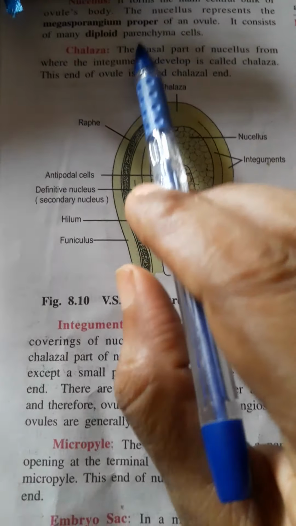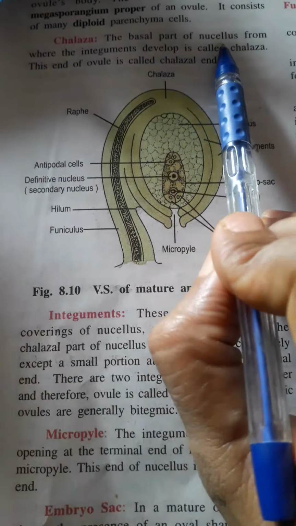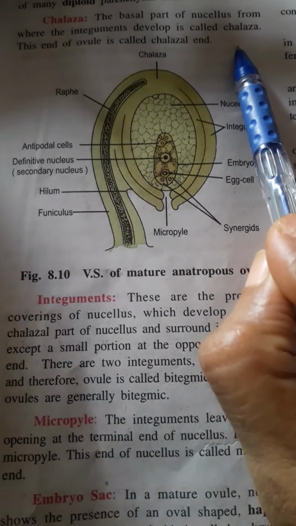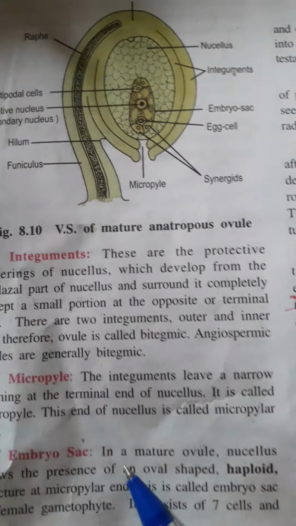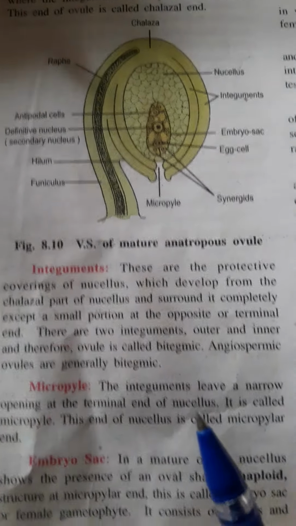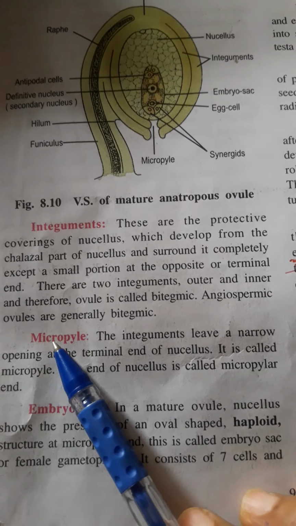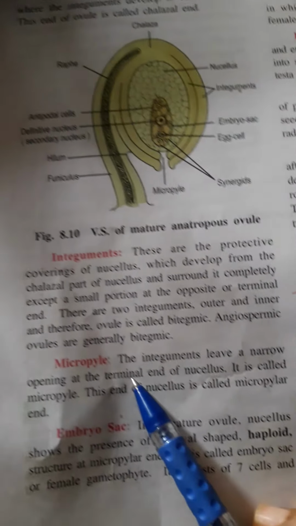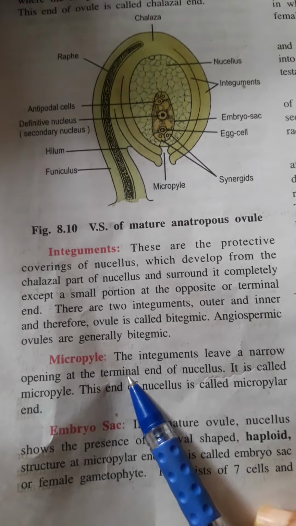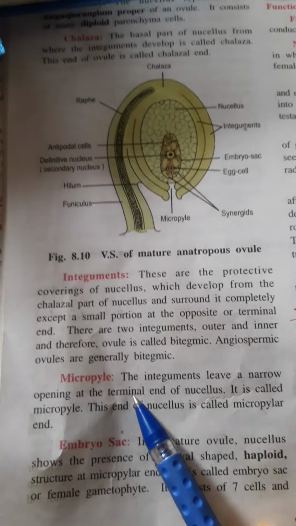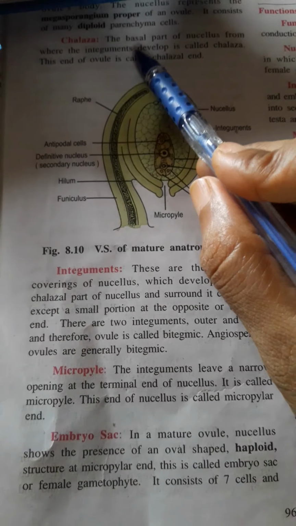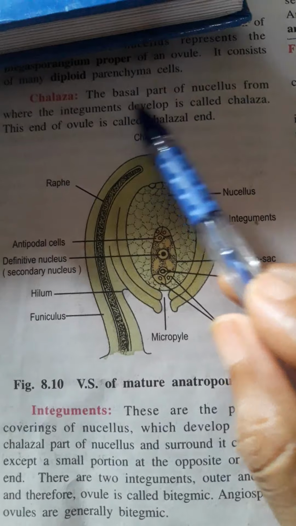The basal end of nucellus is called chalaza. The terminal end of nucellus is called micropyle, whereas the basal part of the nucellus is called the chalazal end.